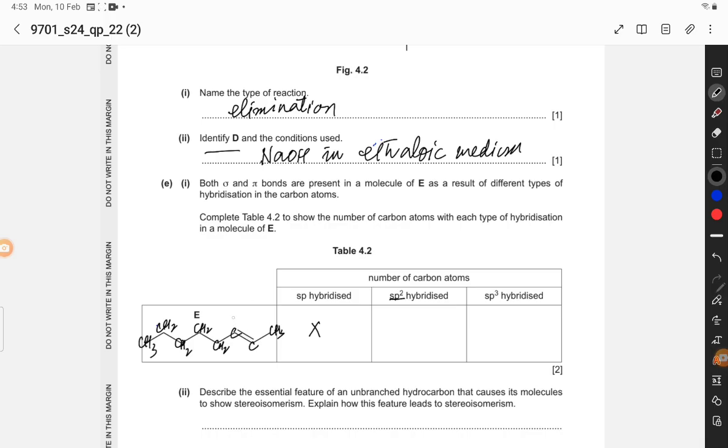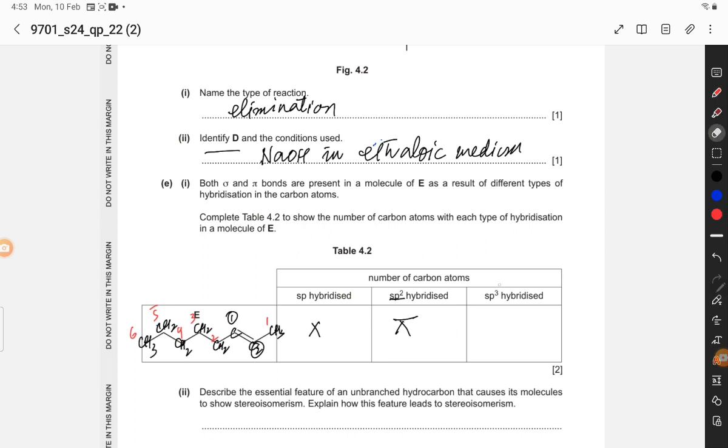This is carbon 1 and this is carbon 2 which undergo sp2 hybridization, and the rest of the carbon atoms, this is one carbon atom, two, three, four, five, six. So six carbon atoms undergo sp3 hybridization.